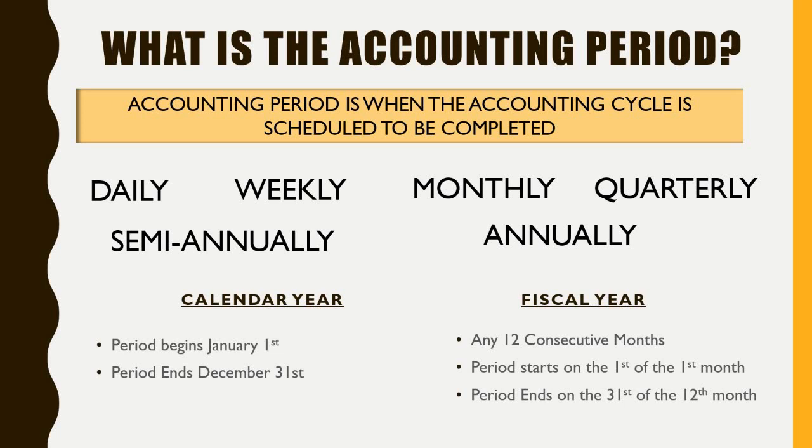It just depends on what the type of business is. Again, what's their main selling point or what's their profit point? In this case, a great example is that most government agencies usually have their fiscal year start July 1st and end on June 30th, okay?